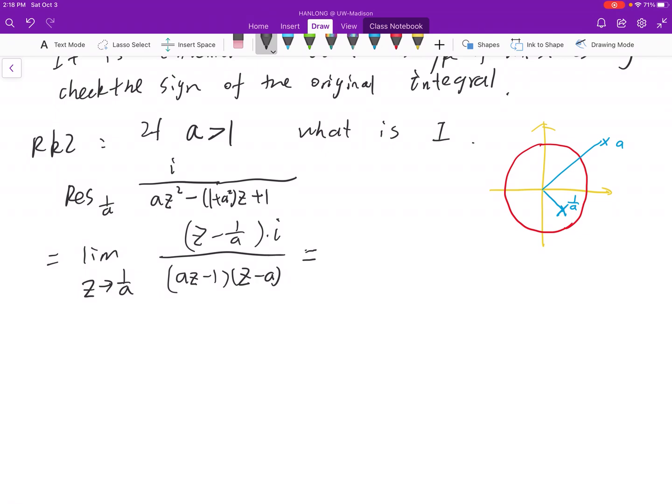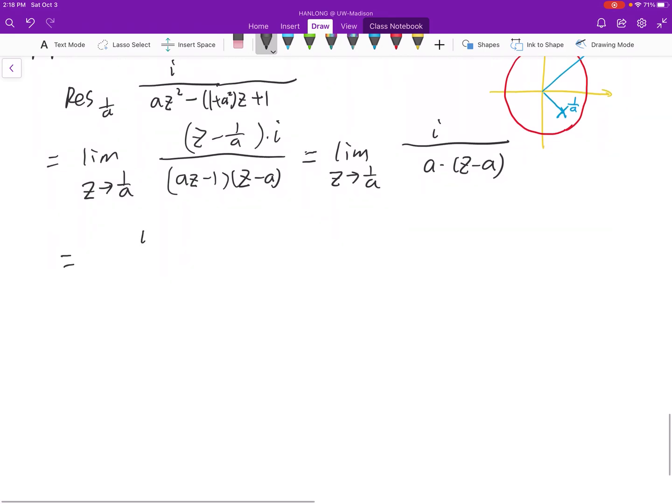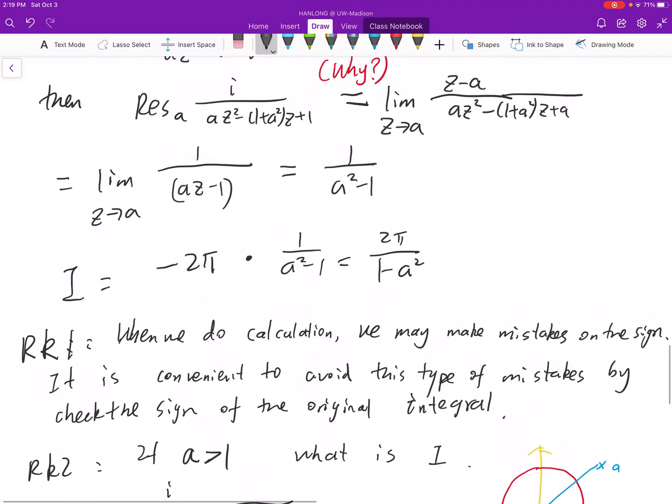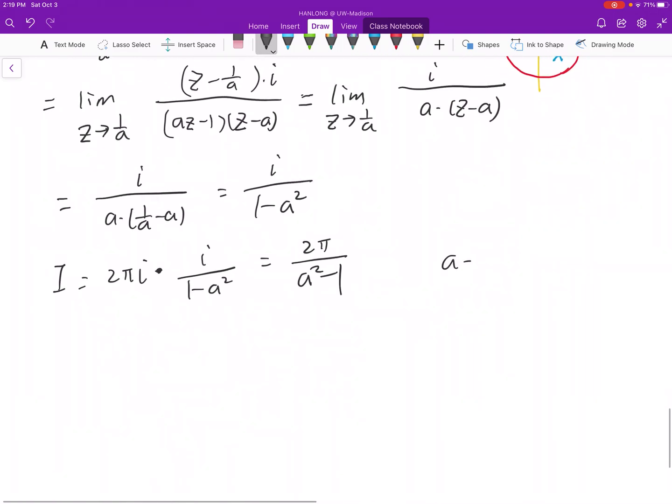So this is the limit as z goes to 1 over a of i over a times (z minus a). So this is i times a times 1 over a minus a, which is i over (1 minus a squared). And then you plug into the residue theorem. You have 2 pi over (a squared minus 1) when a is greater than 1.